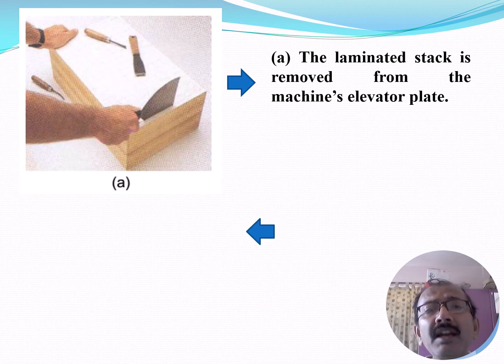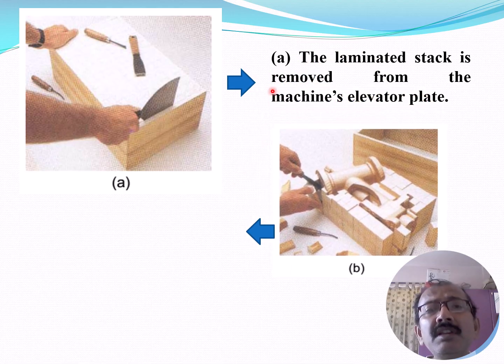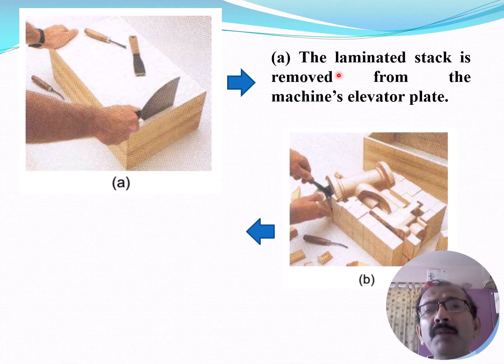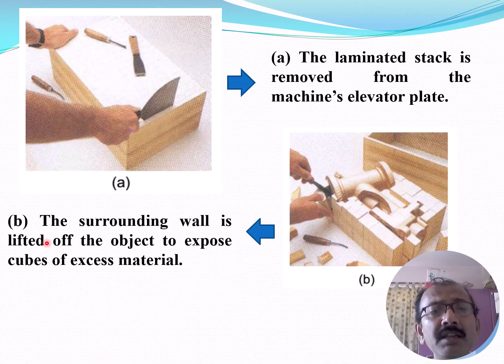So if you see the diagram, this is diagram A. The laminated stack is removed from the machine's elevator plate. So that is removing. And finally, the surrounding wall is lifted off the object to expose cubes of excess material. So the excess material is removed. That is called post processing.